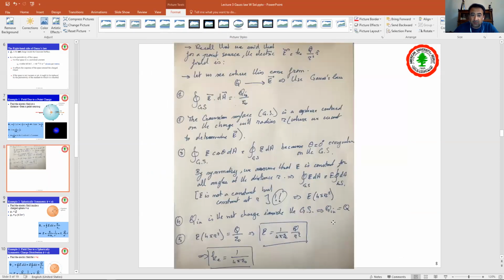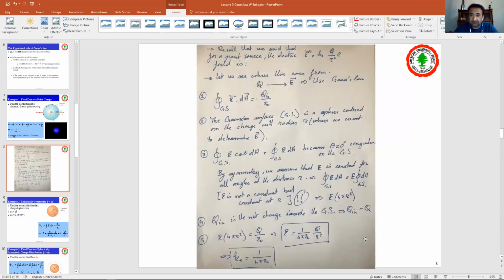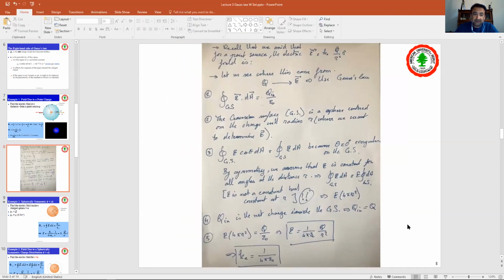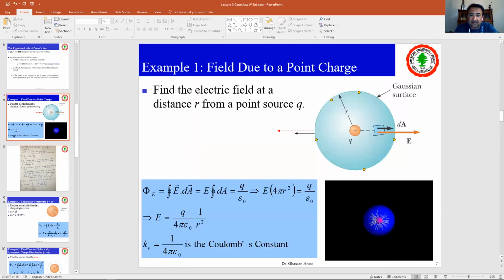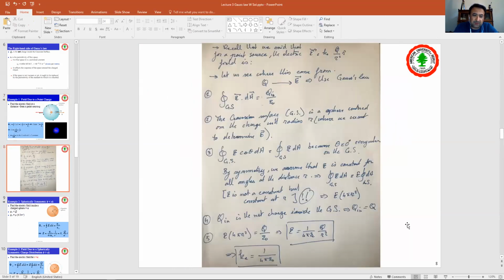This is usually what would have been given as a problem in the exam. So this is problem number 1. We obtained the electric field at a distance away from a point source.